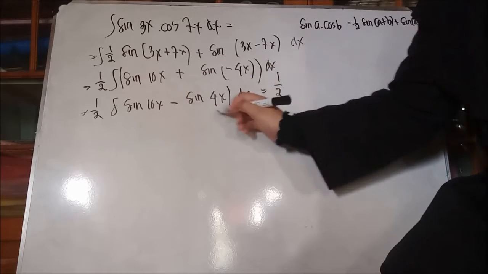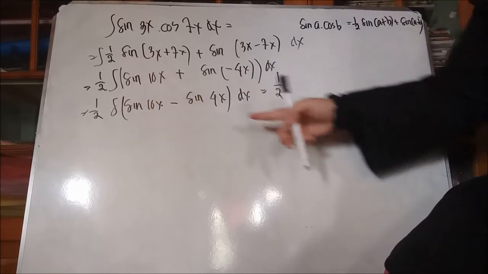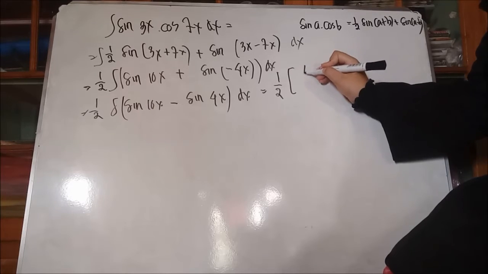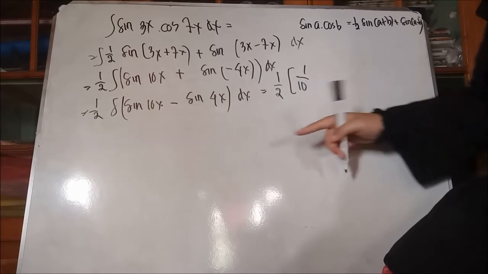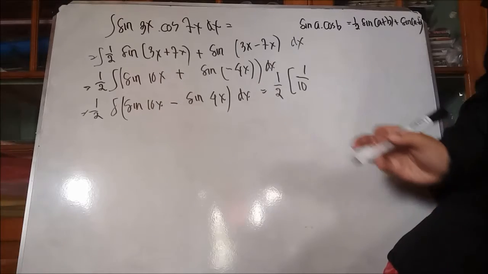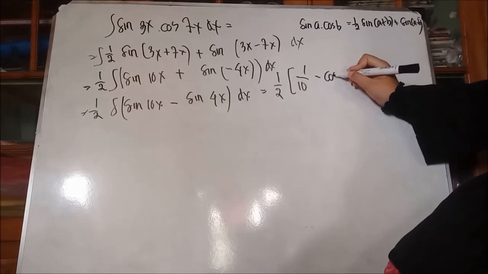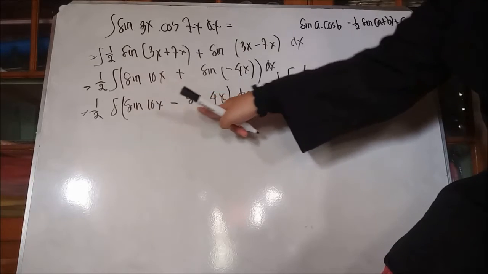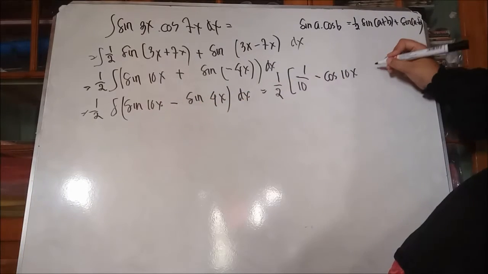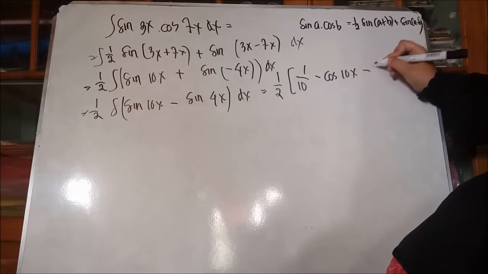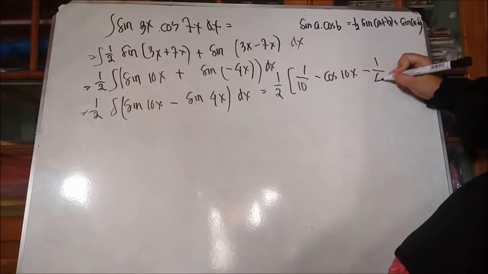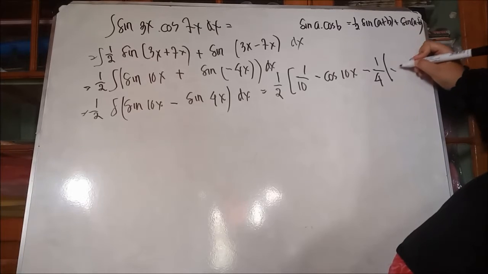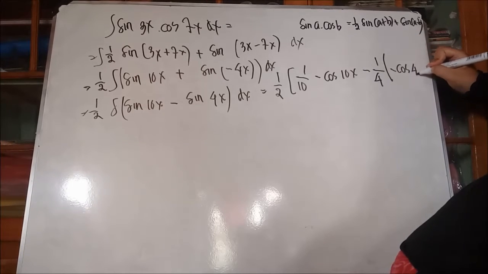The integral of sin 10x is equal to 1 over 10 times negative cos 10x. And then the integral of minus sin 4x is negative 1 over 4 times the integral of sin, which is negative cos 4x.